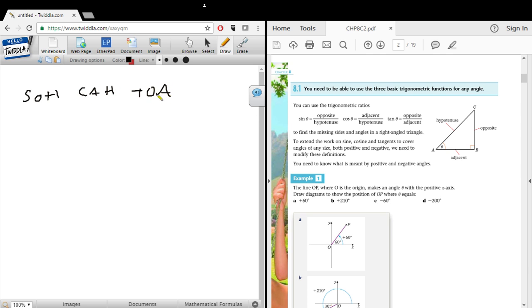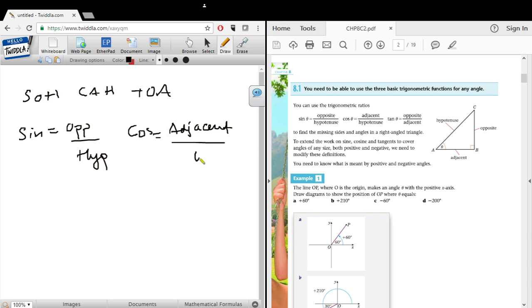SOHCAHTOA enables you to appreciate that sine equals the opposite over the hypotenuse, cos equals the adjacent over the hypotenuse, and tan equals the opposite over the adjacent.